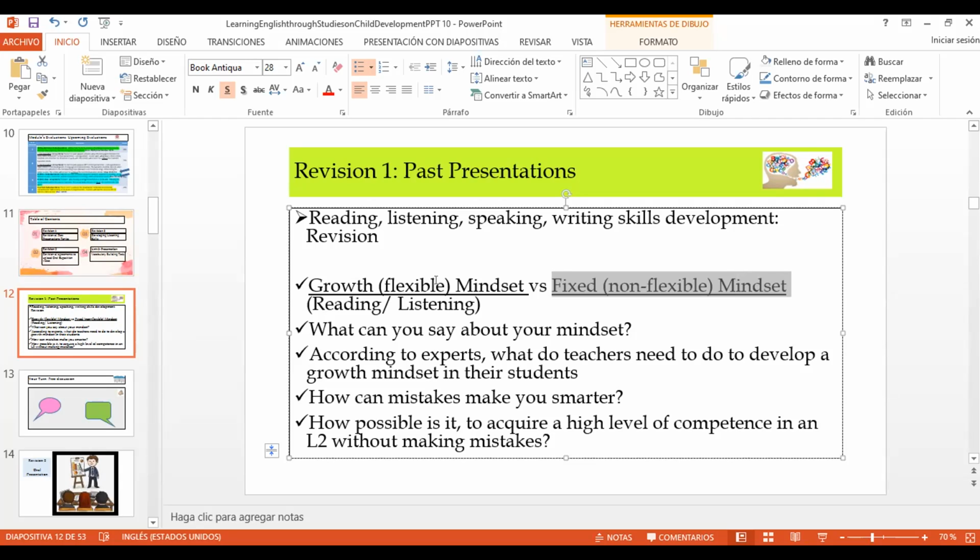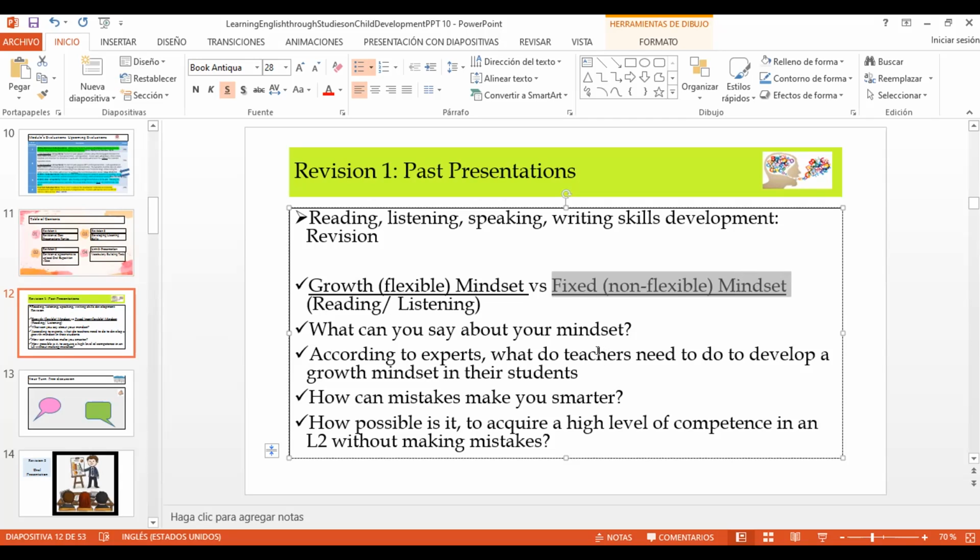Flexible means that you can adapt. Yes, so you can adapt, you can learn something new. And therefore, this is something that would be desirable to develop. Whereas the opposite, the non-flexible mindset, means a kind of thinking that does not allow you to grow, to develop, to change, to learn.